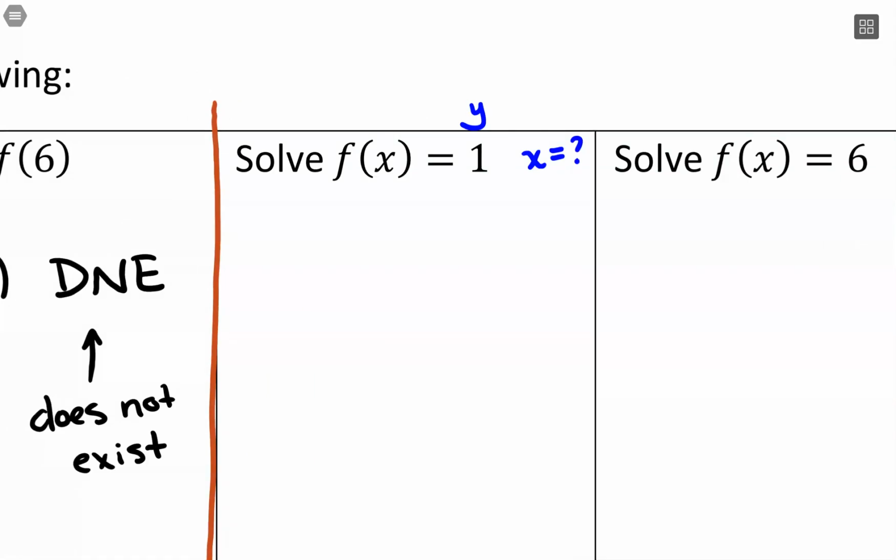Now, in these solving cases where we're plugging in for y, we can have more than one solution. We might see multiple values for x. We might see just one value. We might see no values. So with that, we're going to find x for the spots where we have an output of positive 1.